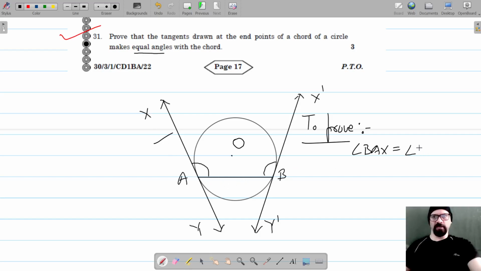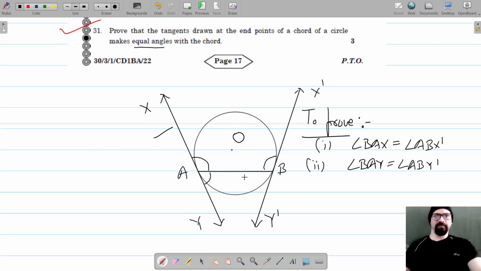So we have to prove that angle BAX is equal to angle ABX'. This is the first thing that we have to prove, and the second one is this angle, angle BAY, so we have to prove that angle BAY is equal to angle ABY'. So these are the angles made by the chord with the tangents at its endpoints.